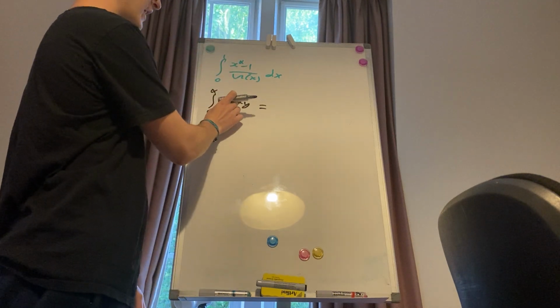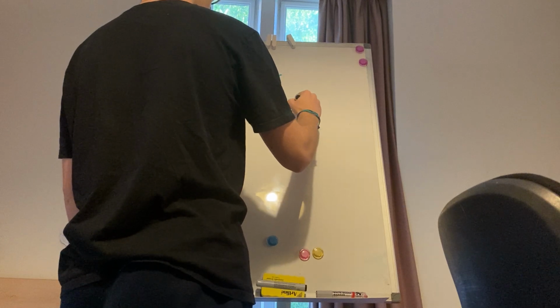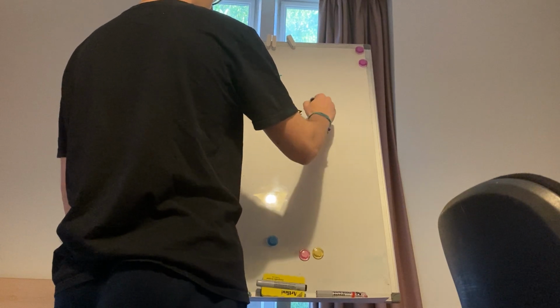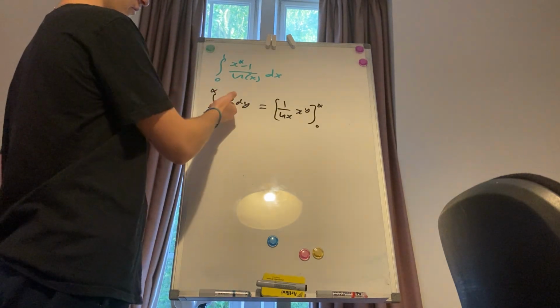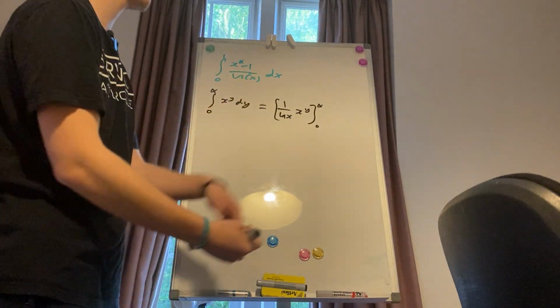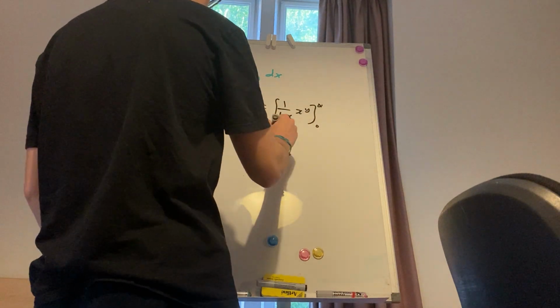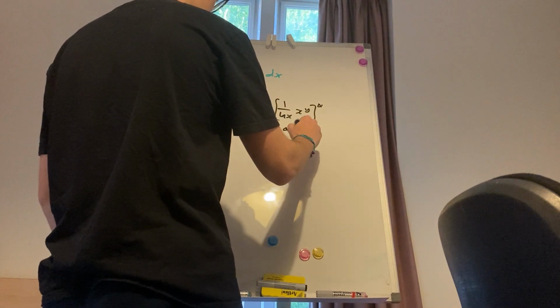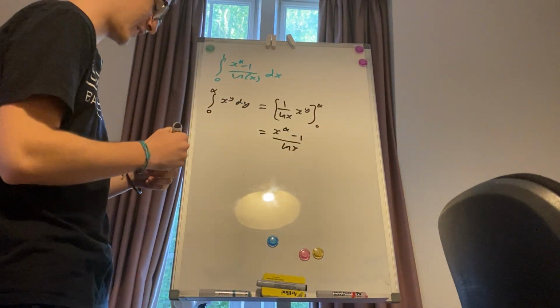So if we treat x as a constant here, this is just going to be 1 over ln x, x to the y, evaluated at y equals 0 and y equals alpha. Obviously, you can prove this by just writing this as e to the y ln x. Okay, whatever. Now, plug in the boundaries, you get that this is just x to the alpha minus 1 over ln x. Oh, look at that, it's right there.